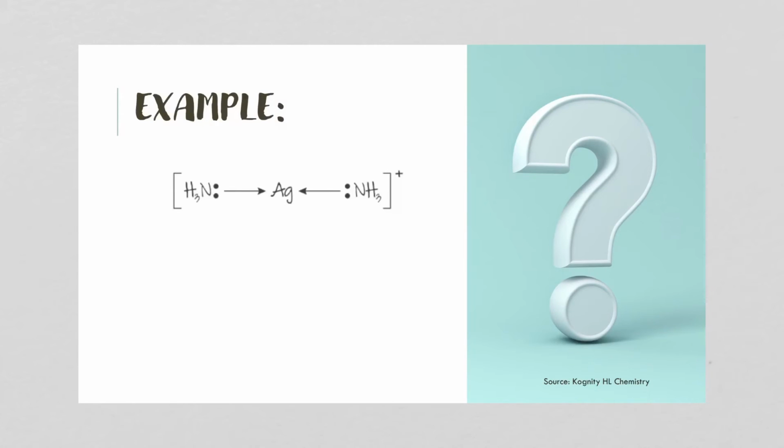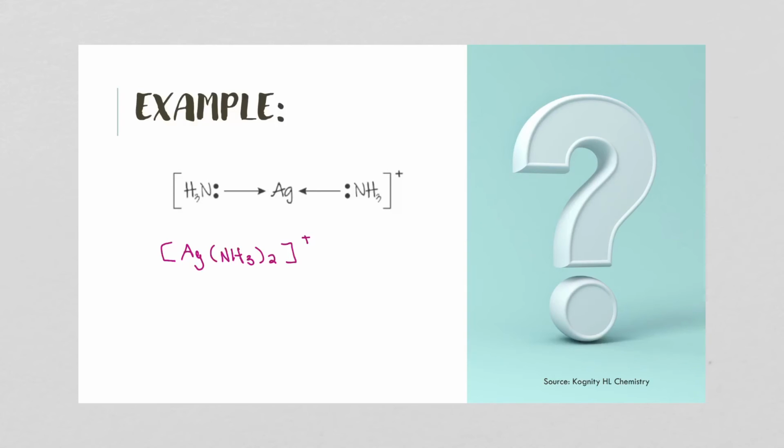In our first example, we have silver forming a complex ion with 2 ammonia ligands. The way we would write that is in square brackets, Ag, and then in parentheses the ligand, NH3, and there are 2 of them, with an overall 1+ charge.